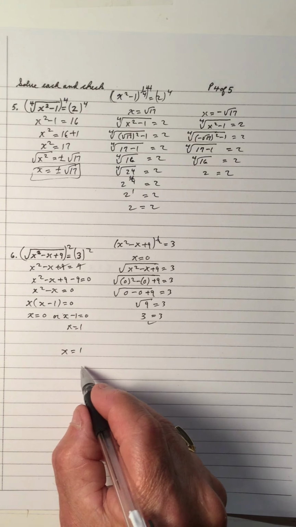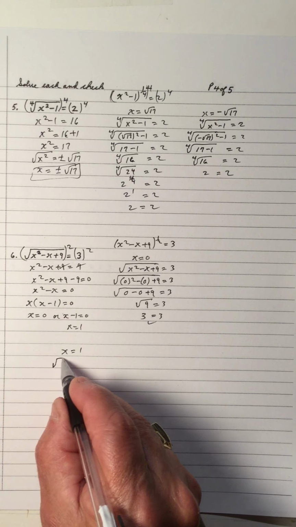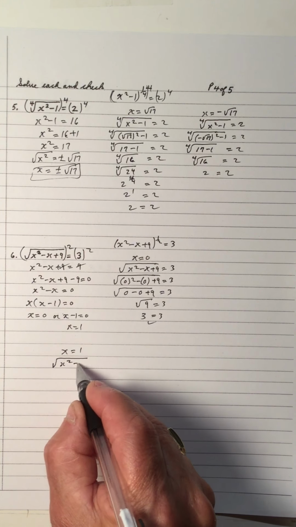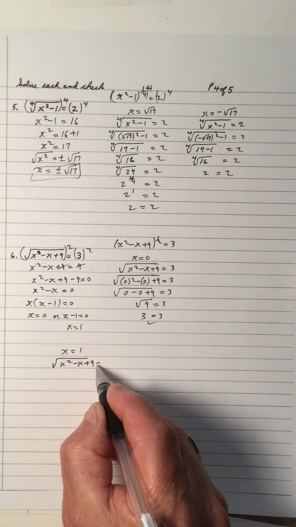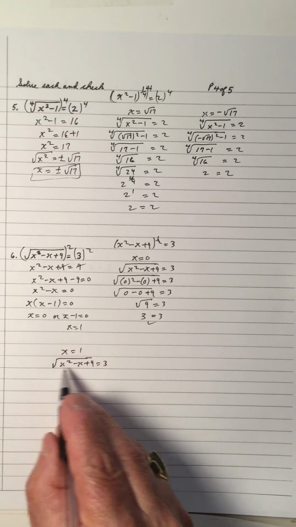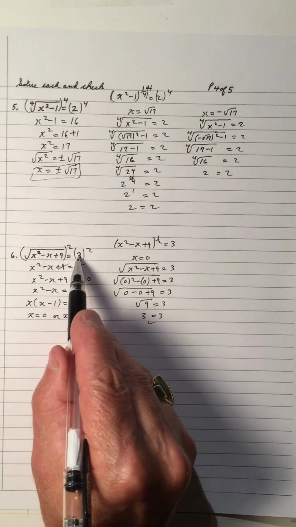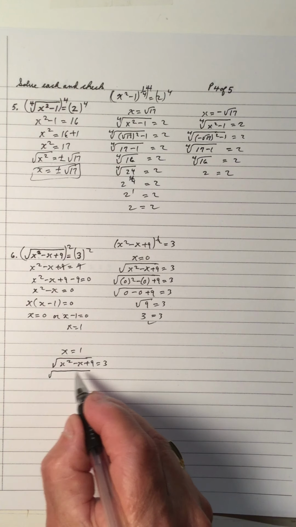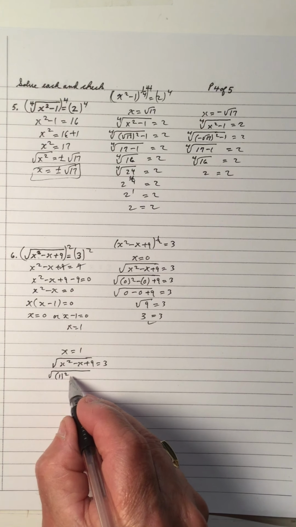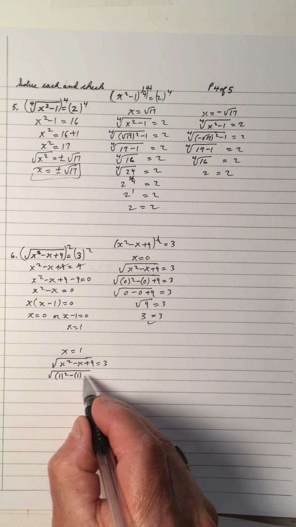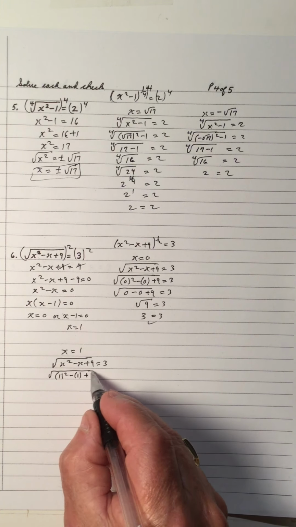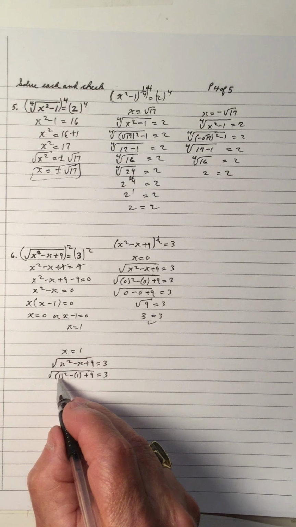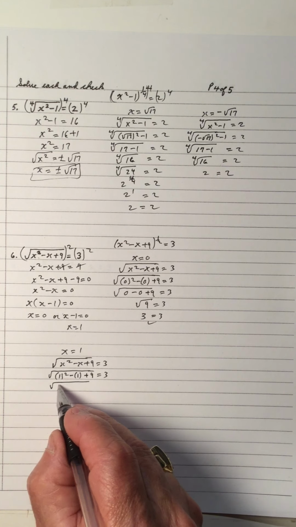Now we're going to check when x is 1. So it's the square root of x squared minus x plus 9 equals 3 is the equation. Notice I wrote the initial equation down. There it is. Now I'll put the 1 in. And because I put the 1 in, I'm going to make sure I put brackets around it, subbing the 1 in to make sure I don't make an error. So 1 squared is 1.